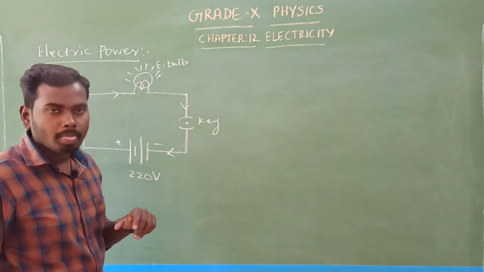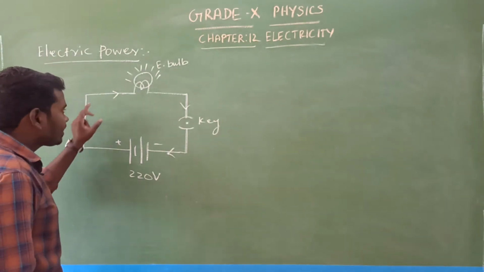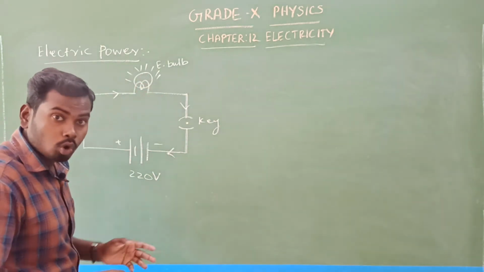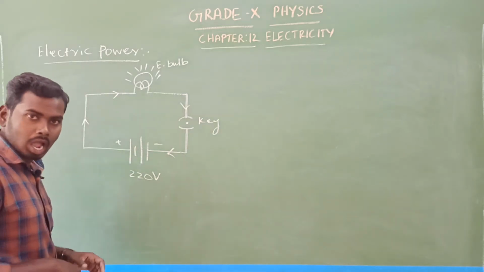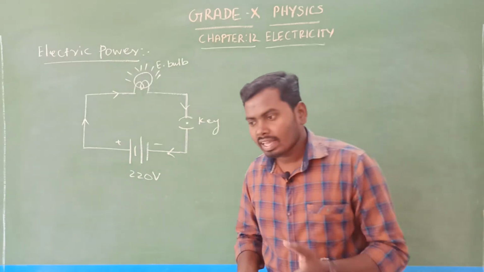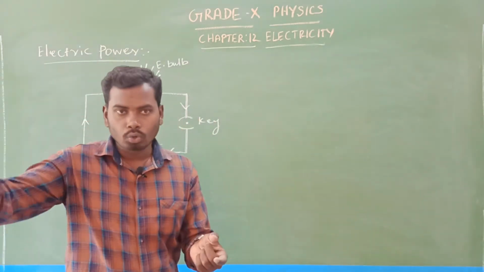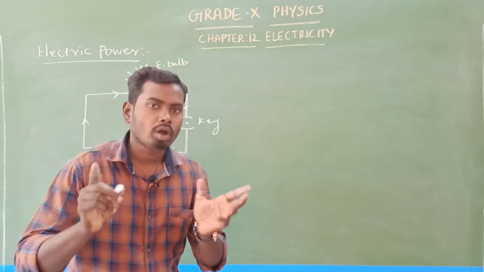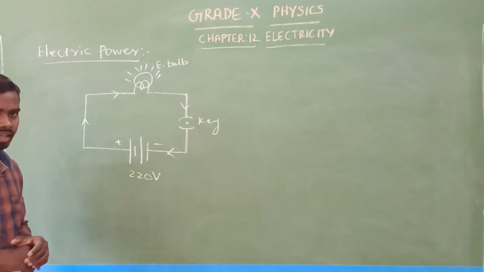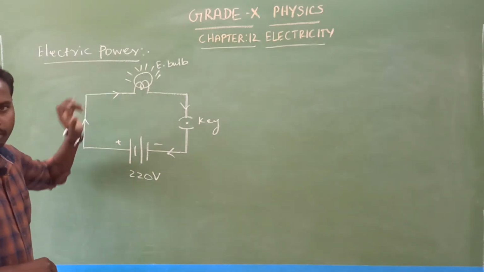So here electrical energy gets converted into light energy. Obviously work is done here. So whenever electrical appliances convert the electrical energy into another form of energy, work is done. That is called electric power.